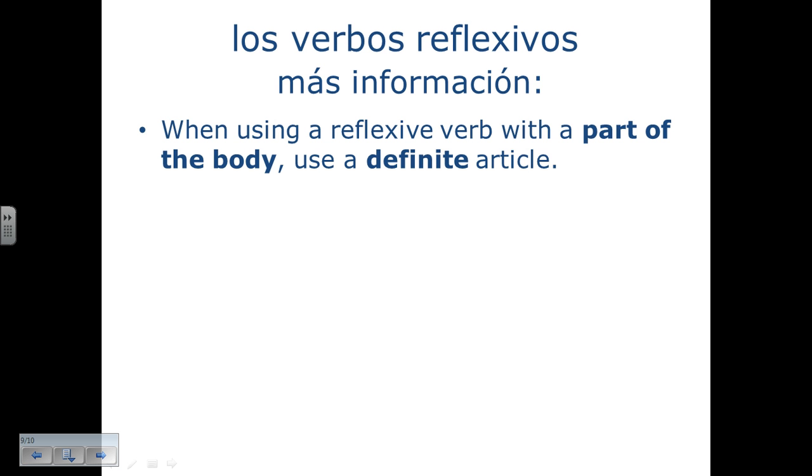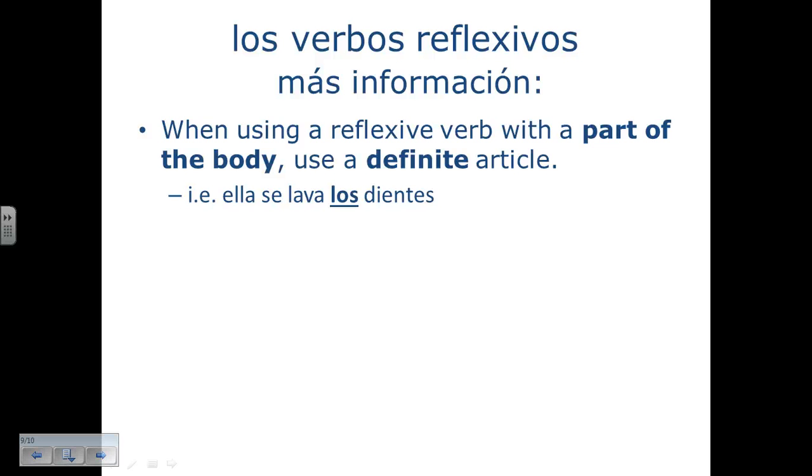The last little tidbit of information for you guys is something kind of nitty gritty, but it is really refining your Spanish skills. When using a reflexive verb with a part of the body, we use a definite article. Remember that el, la, los, or las. So, for example, ella se lava los dientes. In English, we say she brushes her teeth.